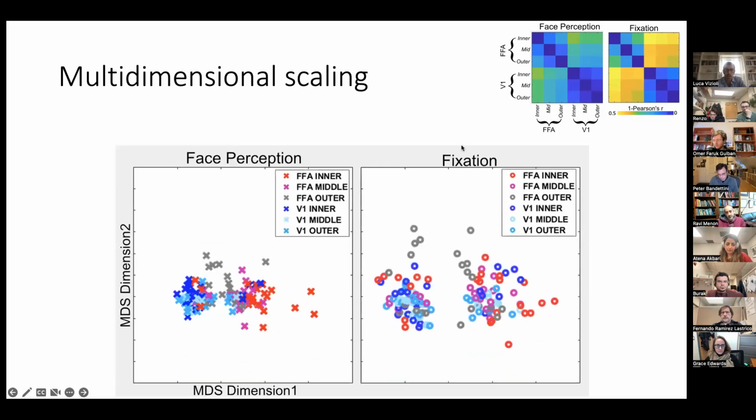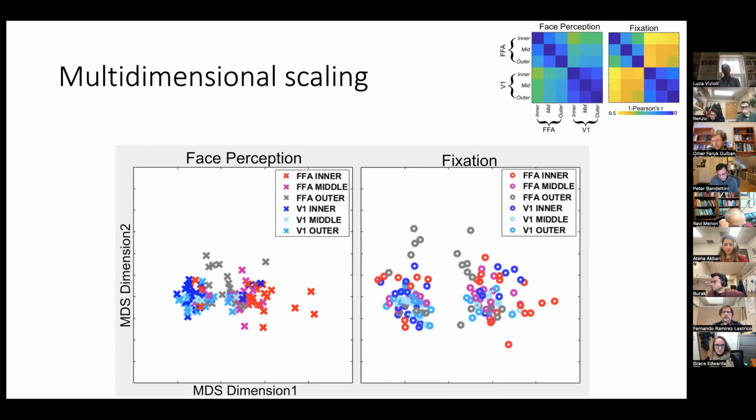So I'm computing classic multidimensional scaling for these two connectivity matrices, for our phase perception and fixation tasks, and replotting our data in this two-dimensional space where our dimensions are the first and second eigenvectors.